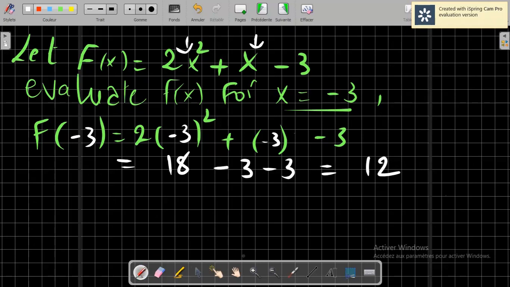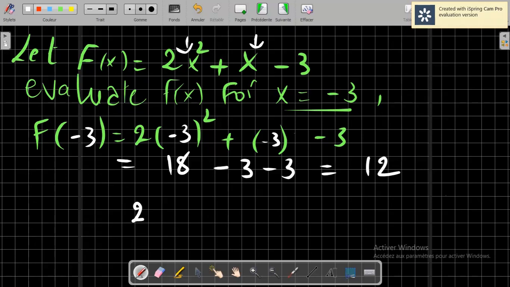Now let's see the other way using synthetic substitution. We go through the same process as we do in synthetic division. I'll take every term of f(x) and write the coefficients again.